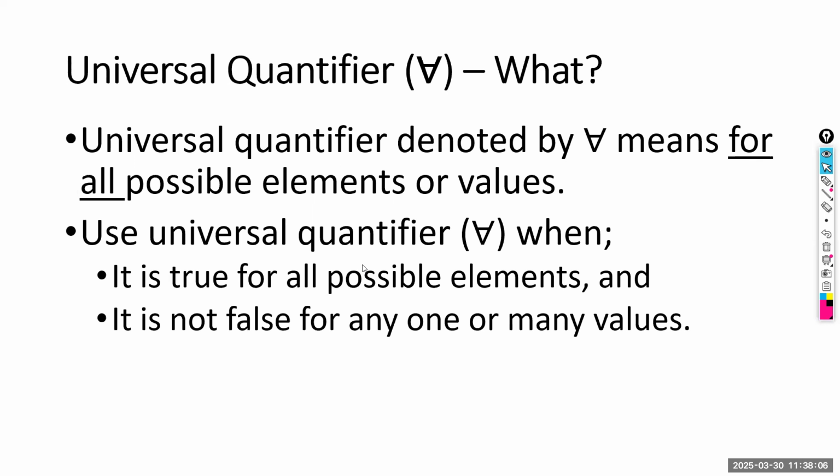What is meant by universal quantifier? The universal quantifier is used to denote all. If something is true for all possible elements, or something is false for all possible elements, to denote all possible elements, we use this, and we call it the universal quantifier.